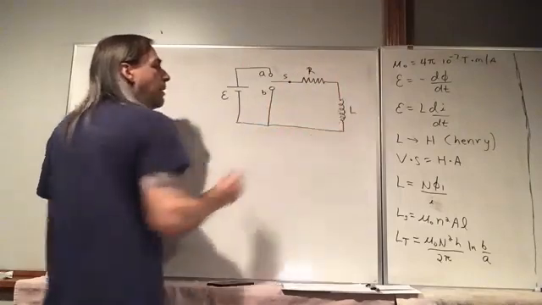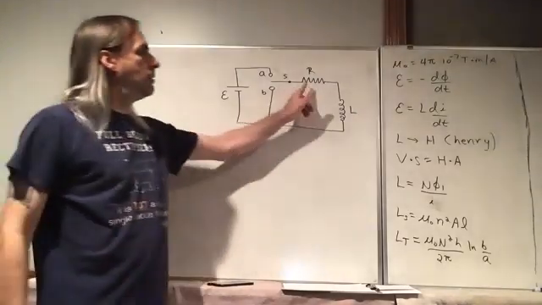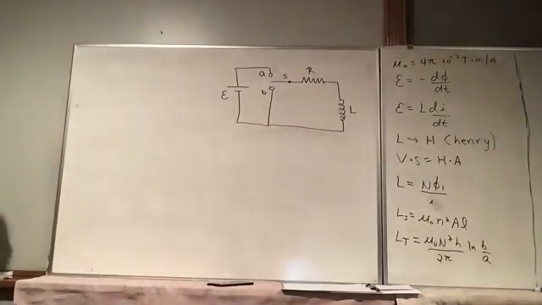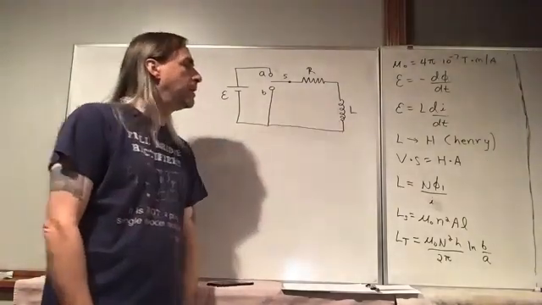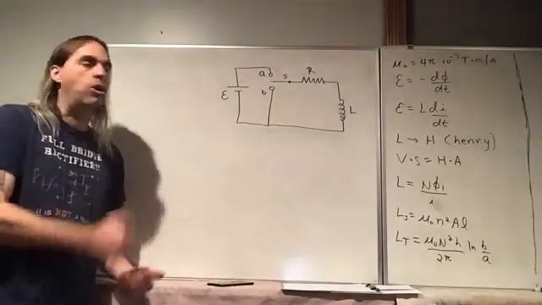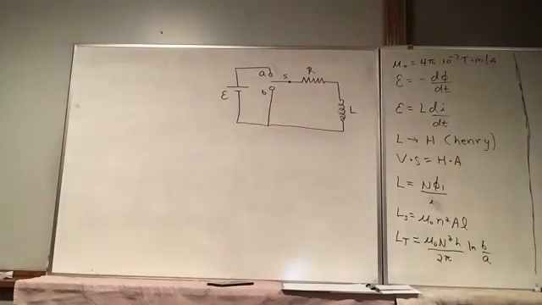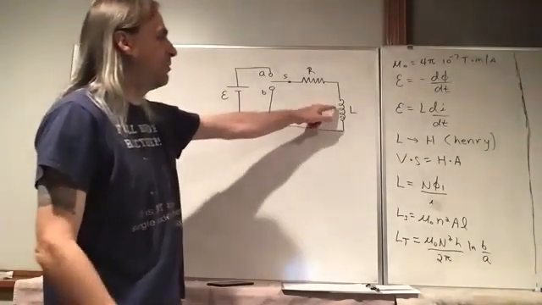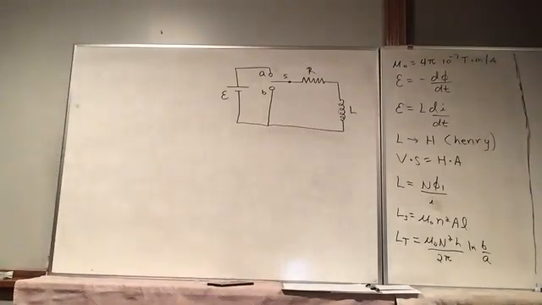Okay, so here is a circuit. Now we use this symbol for resistors. The symbol for an inductor looks kind of similar, but it has curvy lines instead of the jagged lines of a resistor. I think the reason they use that symbol for an inductor is because it's basically a solenoid.